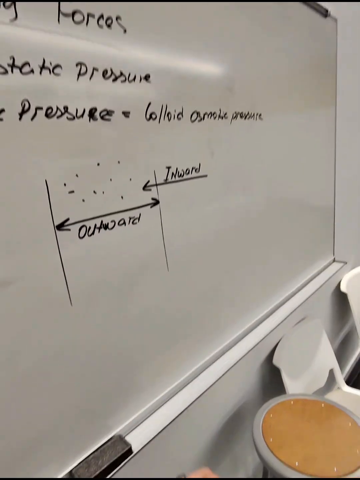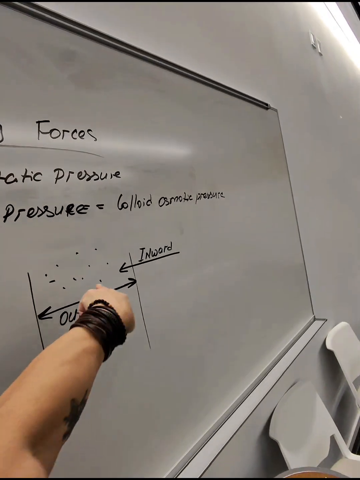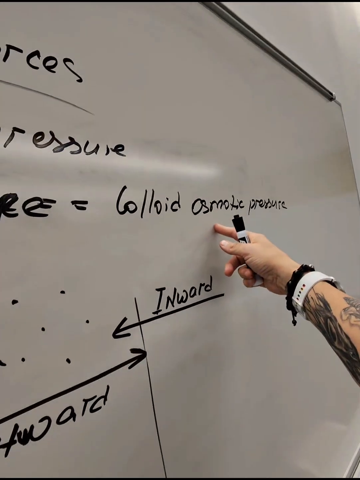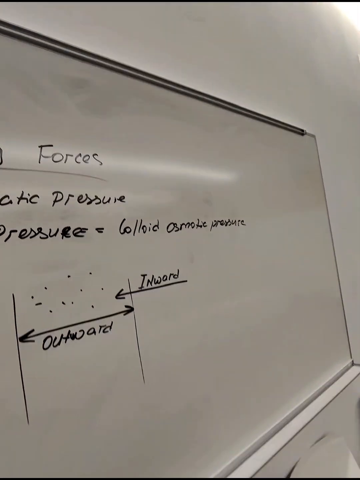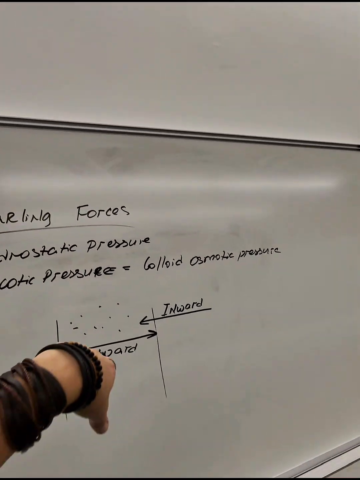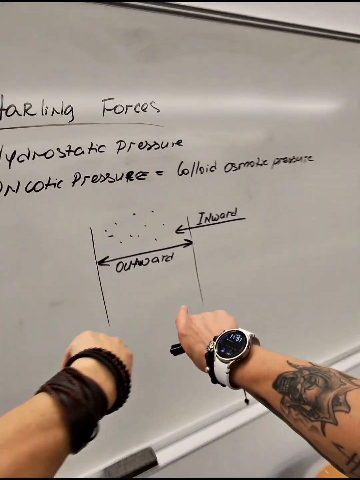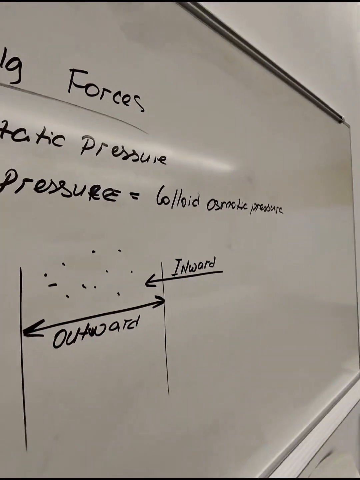So what actually is trying to draw the water inside of the vessels? That osmotic pressure, osmosis. Water will go towards the highest gradient of a substance. So the osmotic pressure fights against the hydrostatic pressure, because here we're trying to push water out, here we're trying to pull water in.